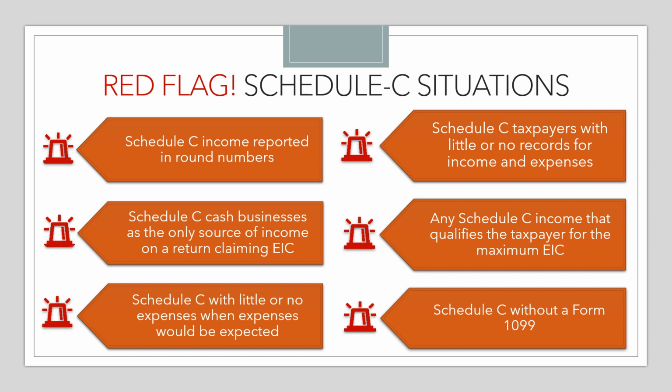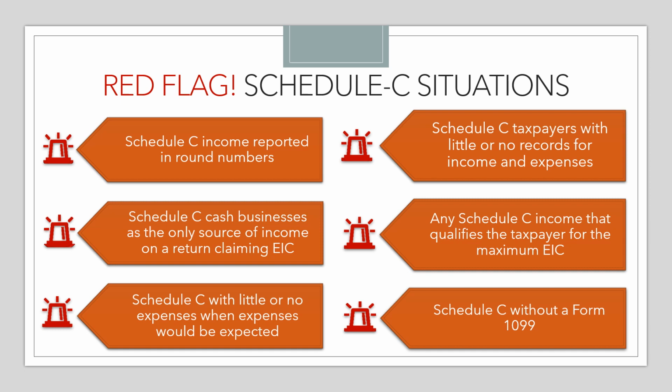And then any Schedule C income that qualifies the taxpayer for the maximum amount of earned income credit. Like I was talking about before, if it seems like there's some manipulation of the income or the expenses to get that maximum amount, that's a warning sign. And then a Schedule C without a Form 1099.